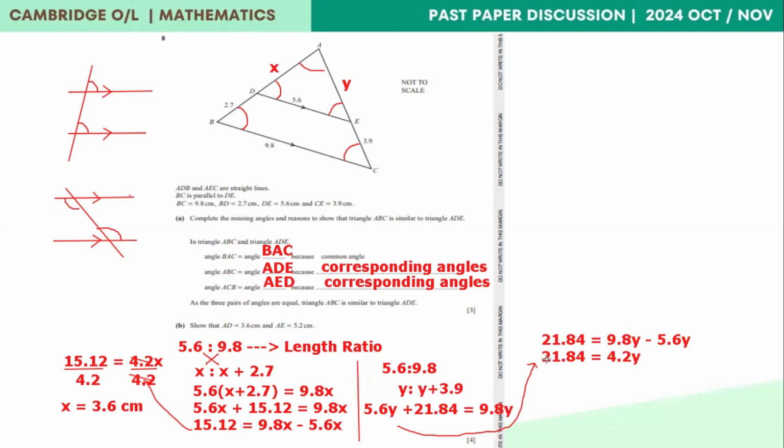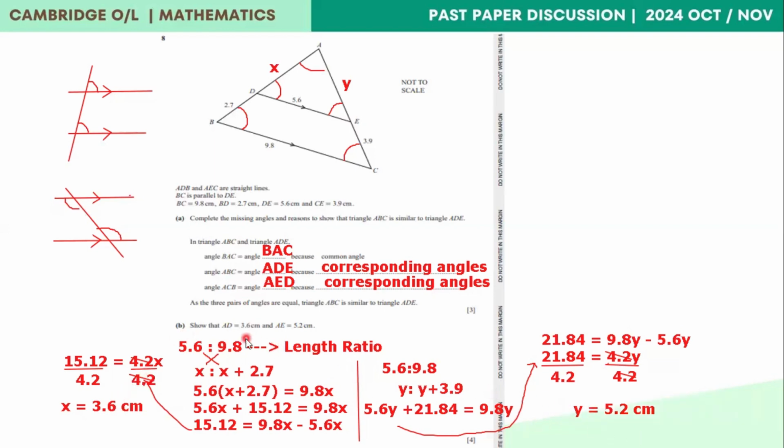Now again we divide both sides by 4.2 and we get the value of Y. Y is equal to 21.84 divided by 4.2, which is exactly 5.2 centimeters.